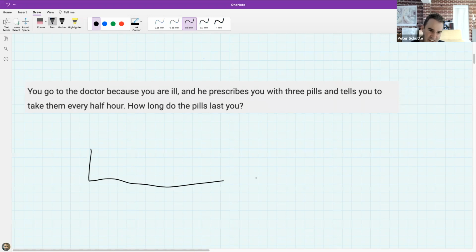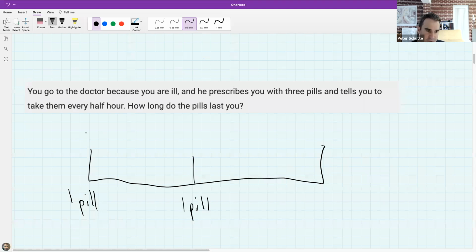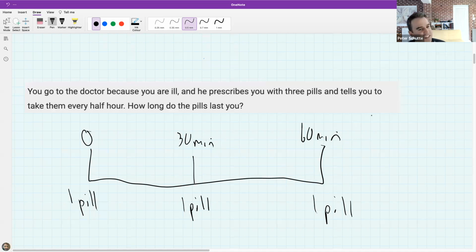So I feel like this is a trick question. It is a trick question. So when you take the pill straight away, then half an hour later, you take another pill. So 0, 30, and then you take another pill over here. So it should take you 60 minutes, which is 1 hour.